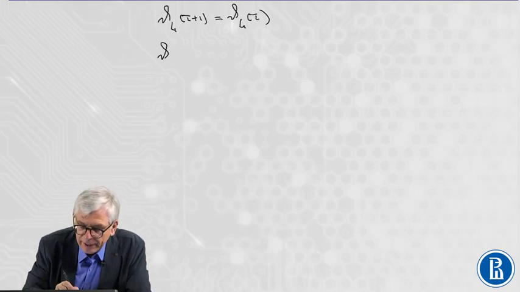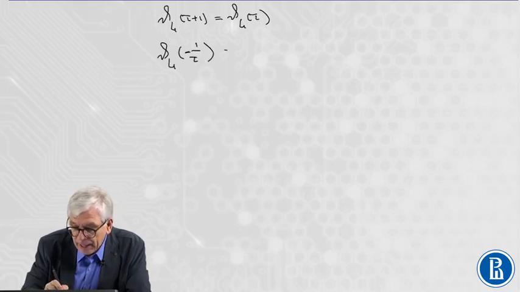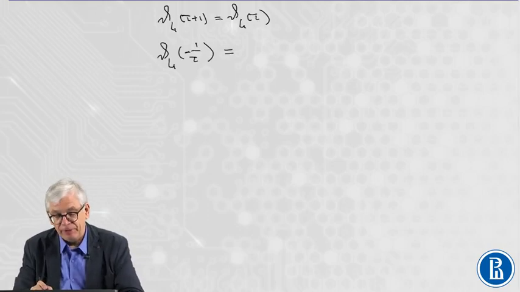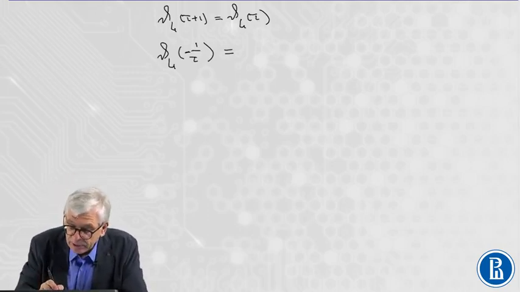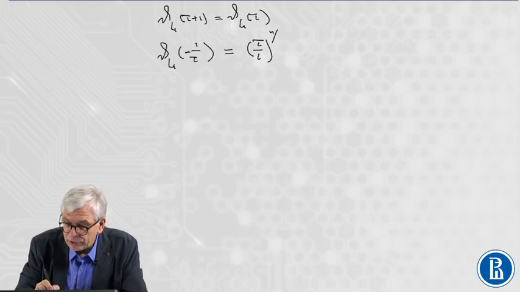We can calculate the theta function at 1 over tau, and we can calculate this series. One can prove that this is equal to tau over i to the power n over 2.